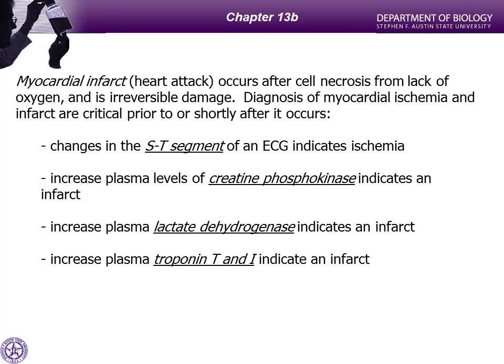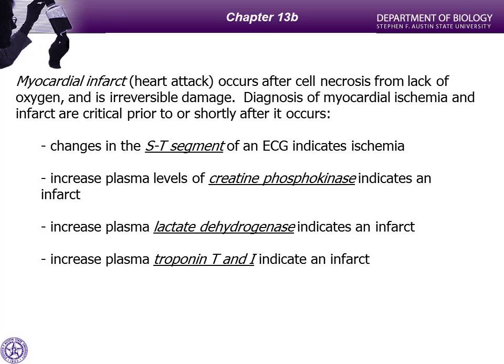Where do you normally see creatine phosphokinase? It's that backup system in your muscle cells. You shouldn't see it in your blood. If it's in your blood, there's been some muscle that's died and broken down and released it into your bloodstream. And if you're in there because you got chest pain, well, the muscle we're probably talking about is the heart.